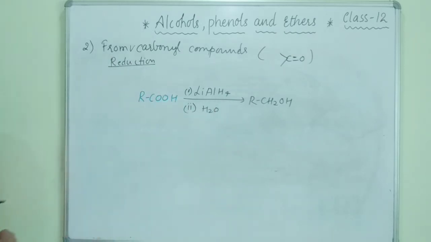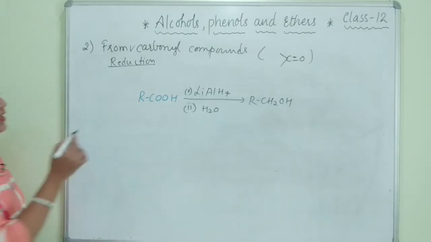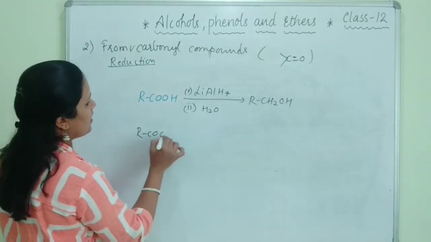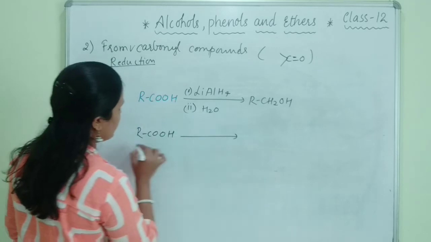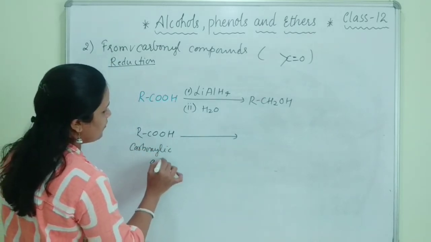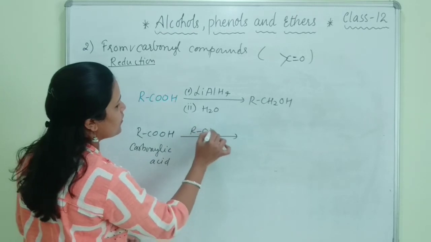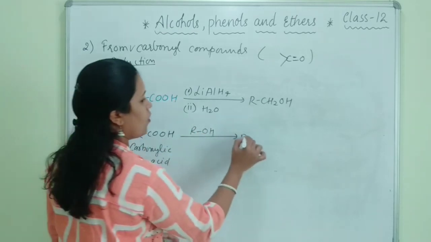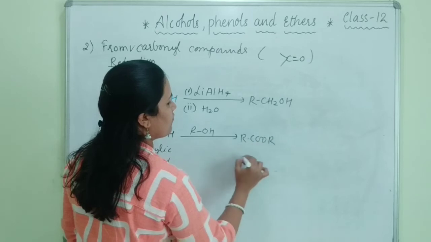Now if I have esters also, those esters will also convert into alcohol. Another method is this: this is a carboxylic acid, and when a carboxylic acid reacts with alcohol, we know that they can form esters.